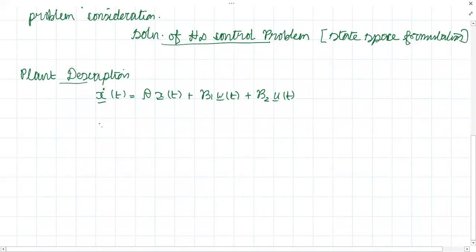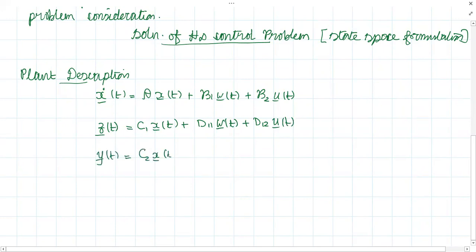The regulated output Z of t was C1 x of t plus D11 w of t plus D12 u of t. And our y of t was C2 x of t plus D21 w of t plus D22 u of t.